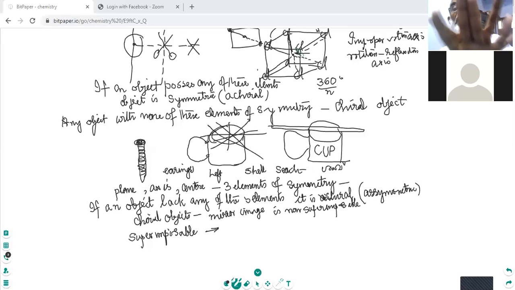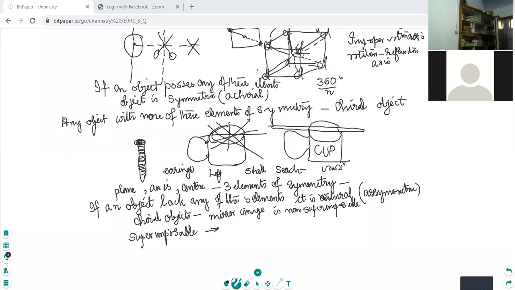You cannot make all four identical. That is what is called chirality. So the non-superimposable mirror image is a criterion for chirality.